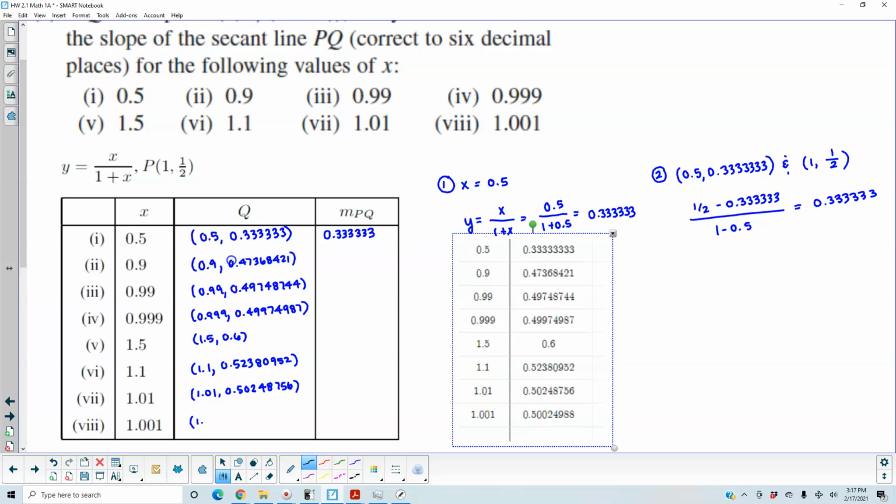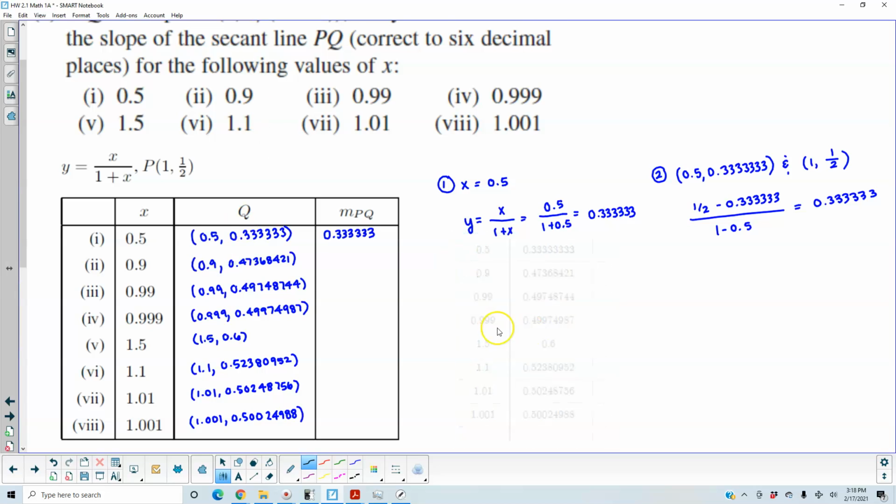And for 1.001, we have 0.50024988. Okay, so now we have our ordered pairs. We figured out what our y value is by using a calculator.